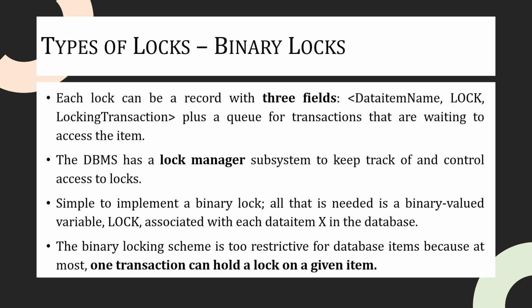Each lock in binary locking can be a record with three fields: the data item name, the lock, and the locking transaction. Data item name means X, and the locking transaction could be, say, T1 or T2. So each lock can be a record with three fields plus a queue for storing the details of the transactions that are waiting to access that particular data item.